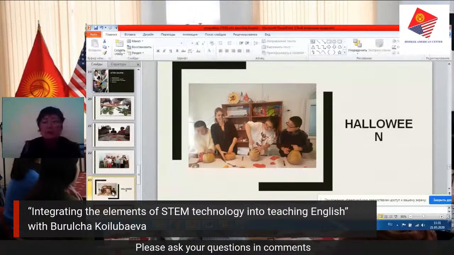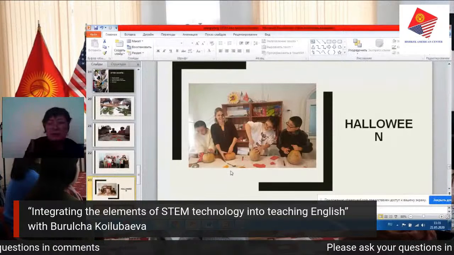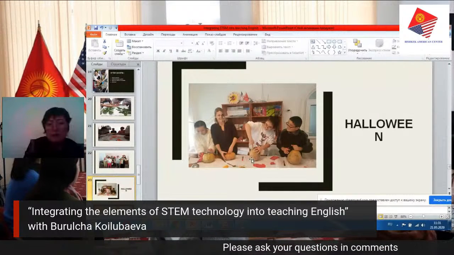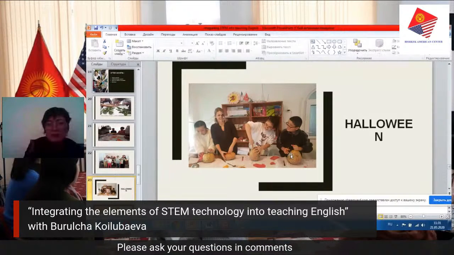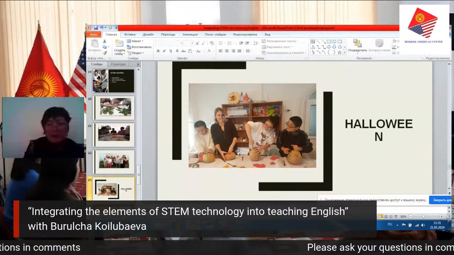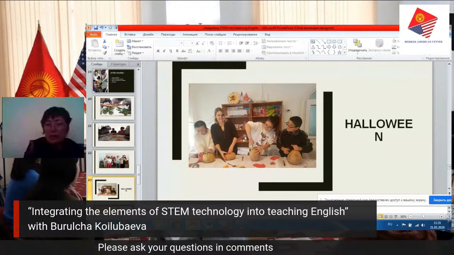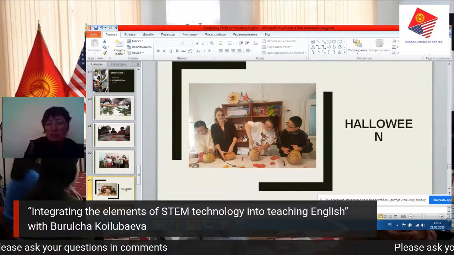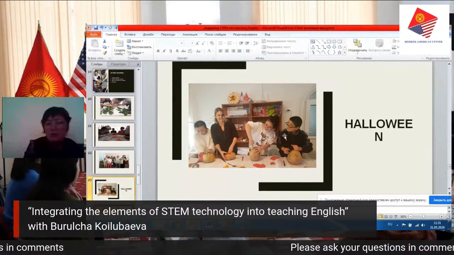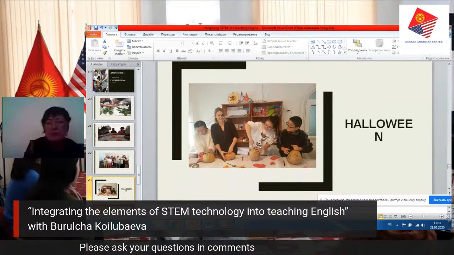Look at the Halloween event. During the Halloween event, we prepared a jack-o'-lantern here. Heidi is giving instruction, and the students are looking and watching what Heidi was doing. If you see here, some students, if they are good at English, are just following the instruction.